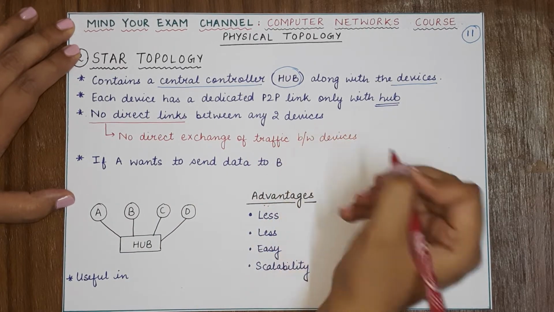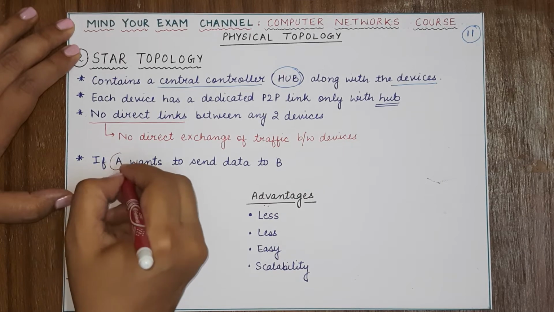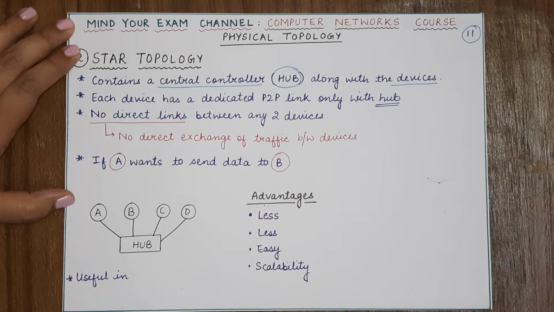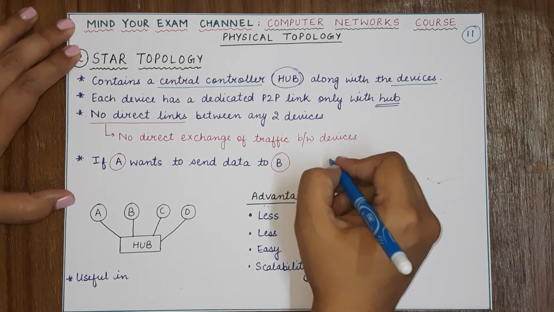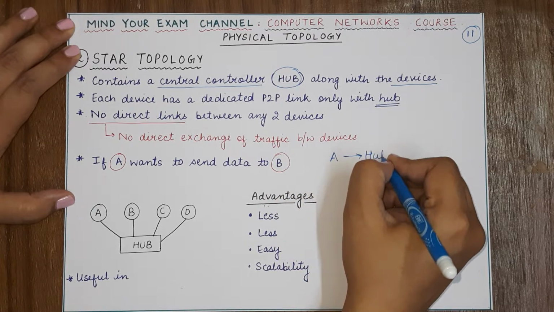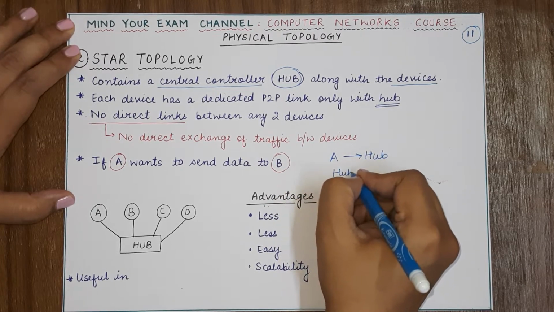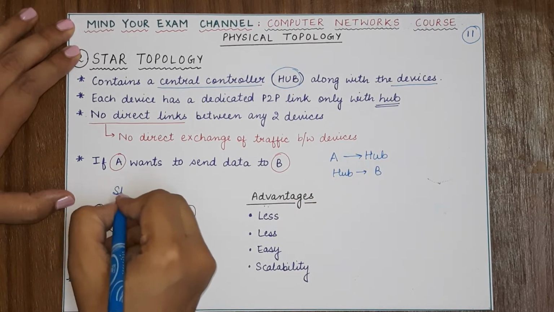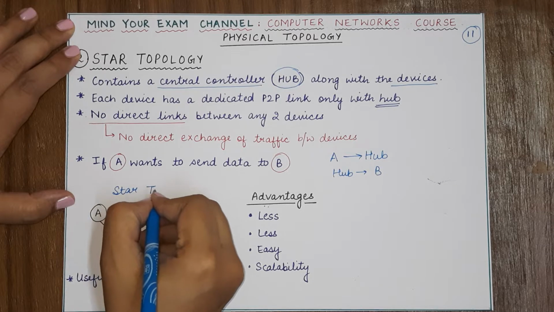And in that case, if a device A wants to send data to device B, then what will be the order in which this communication will take place? A will send the data to the hub, and then hub will send the data to B. So this is the diagram of a star topology that I have shown here.